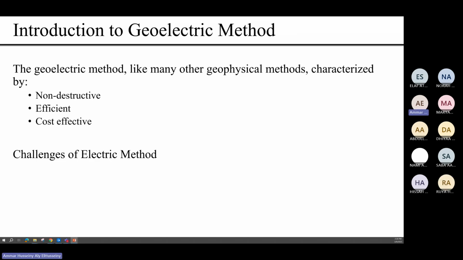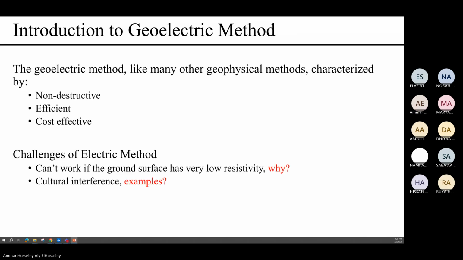These are just some of the advantages. Now, of course, it cannot work if you have an extremely resistive or extremely low resistivity surface.